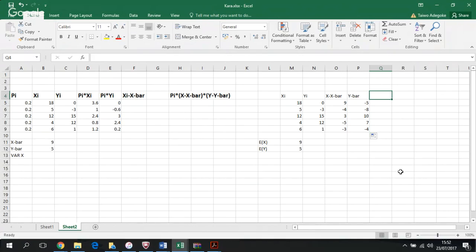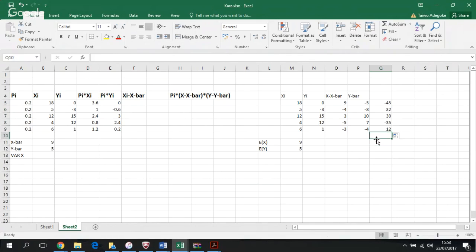I don't have an n minus 1 in my covariance formula. So just as you're explaining, I would just do E. You just multiply by this, right? It's just the average.